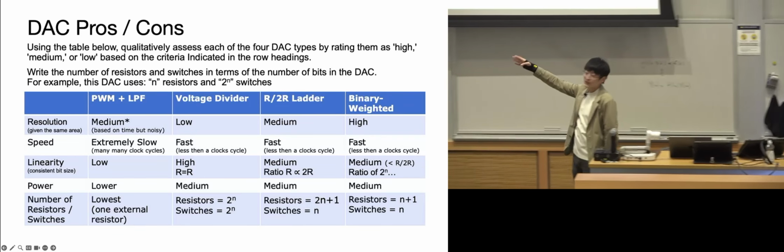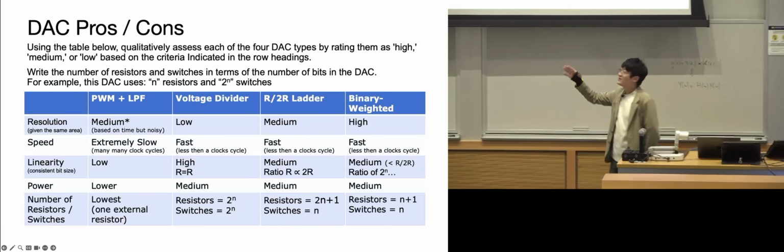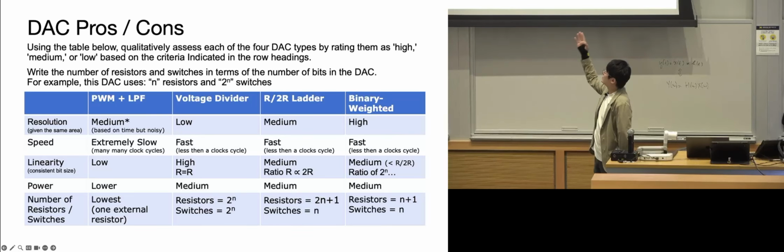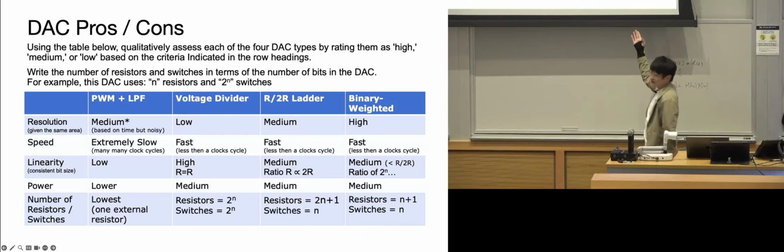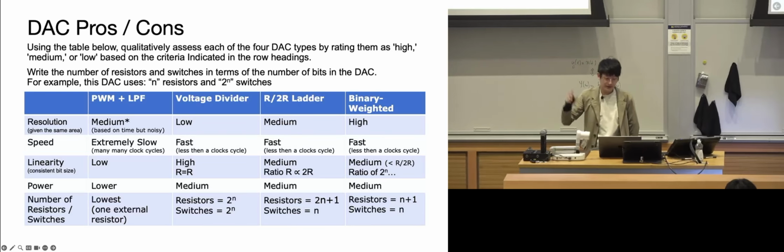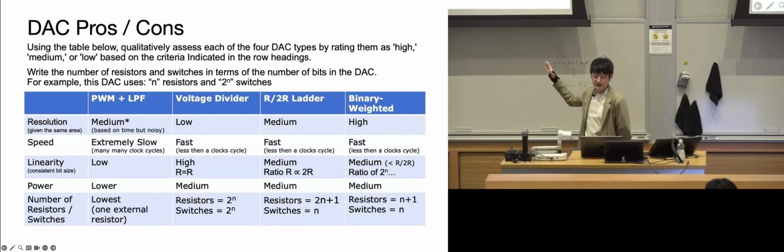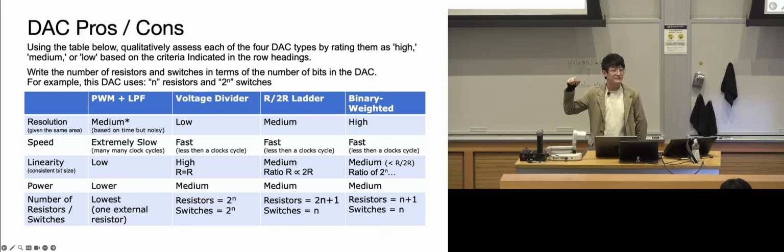Very lowest, just 1 extra resistor for the RC, and 2 to the n, 2 times n, and n plus 1. Yep. Any questions regarding these? Okay, cool. The answers will be posted in the slides after the class.